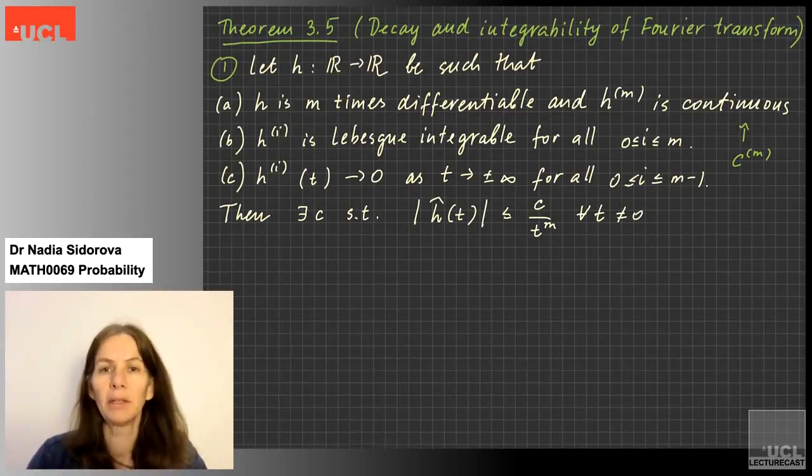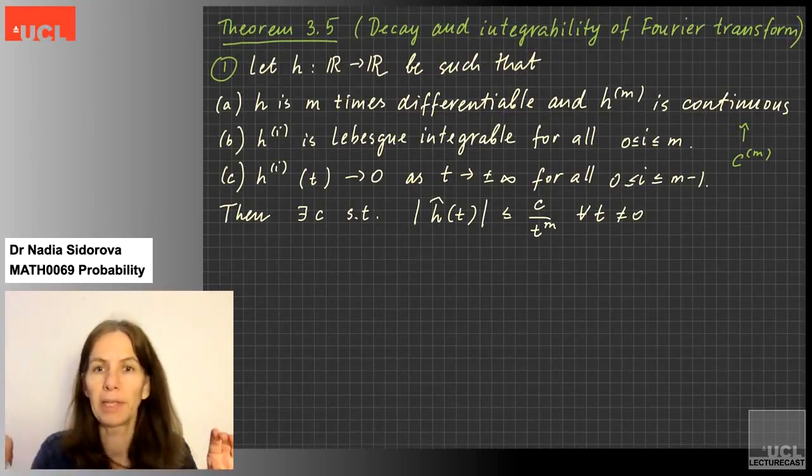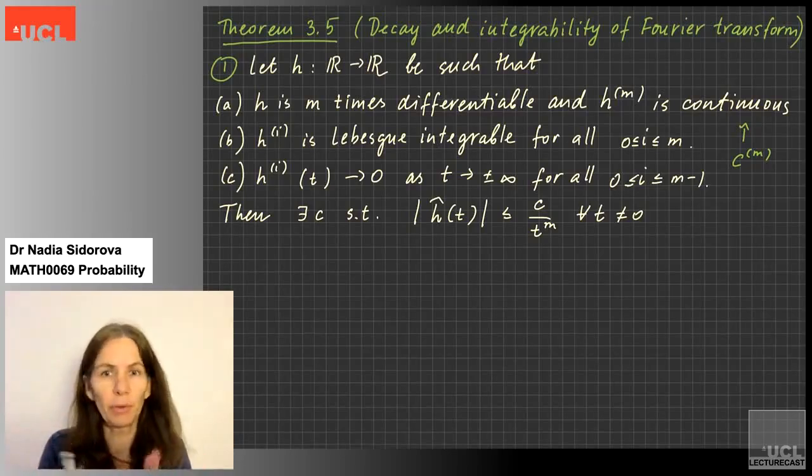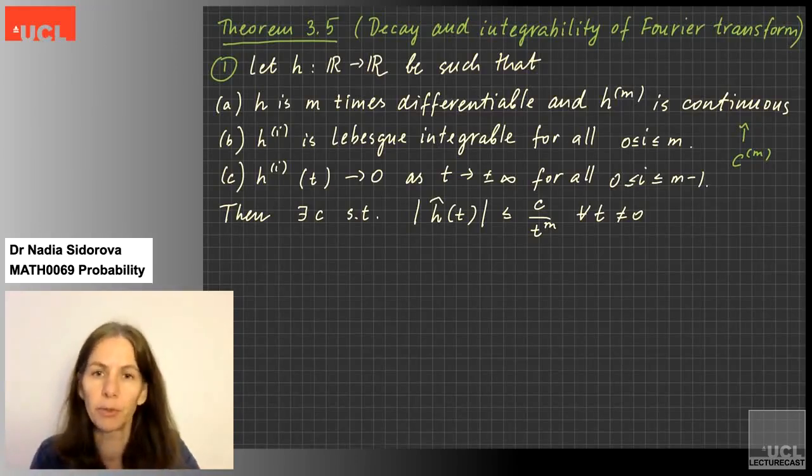But it's not important because I'm only interested in this estimate when t is large in absolute value, because when t is small, this is a very bad estimate. It tends to infinity when t is close to 0.